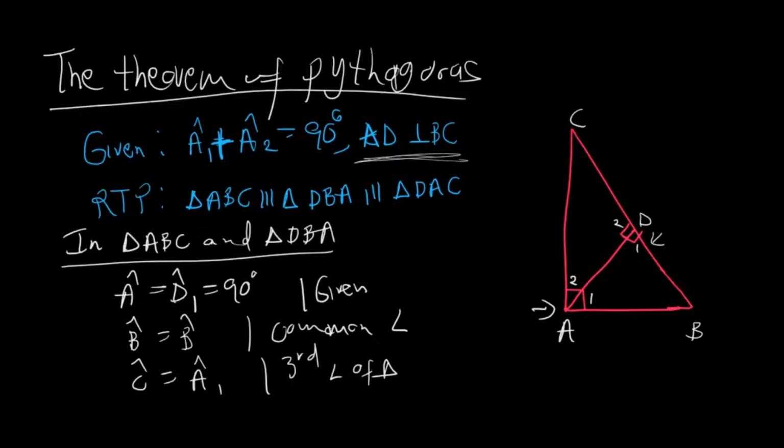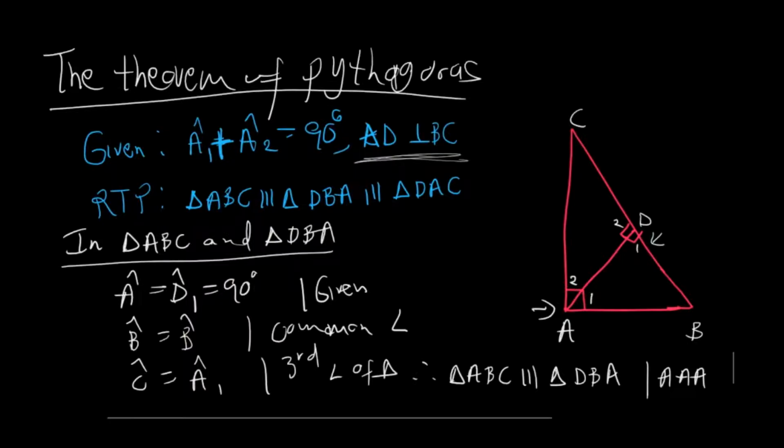So once you've proven these three angles, you can conclude and say triangle ABC is similar to triangle DBA. You can just state angle, angle, angle. So you've concluded that these two triangles are similar.